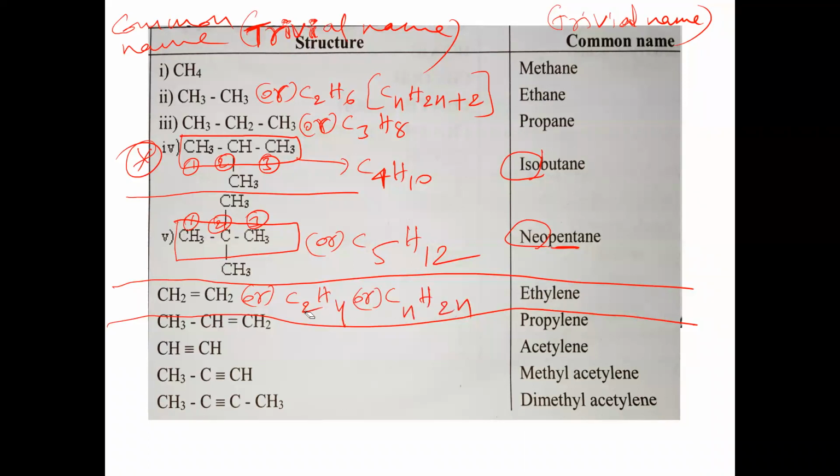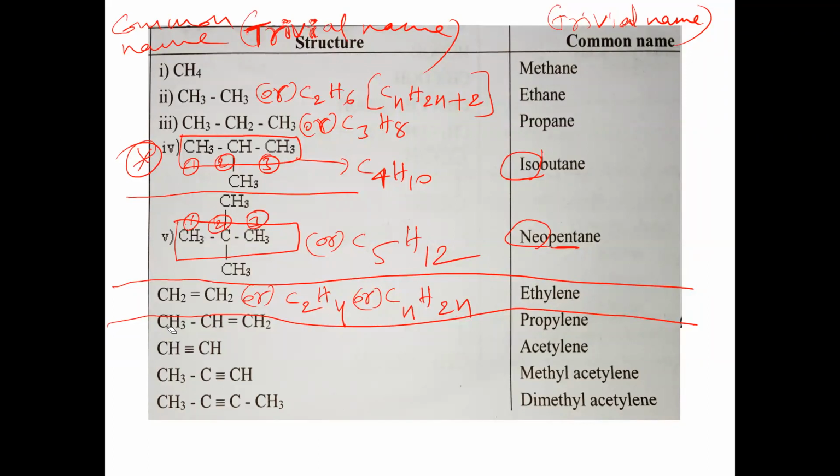So if the carbon number is 2, then 4 will be the hydrogens. In alkenes, the general formula is CnH2n. So C2H4 is an alkene. Here 2 carbons are there, so ethene. Ethene is the IUPAC name, with 2 carbon atoms and a double bond. But the common name is ethylene, a trivial name.